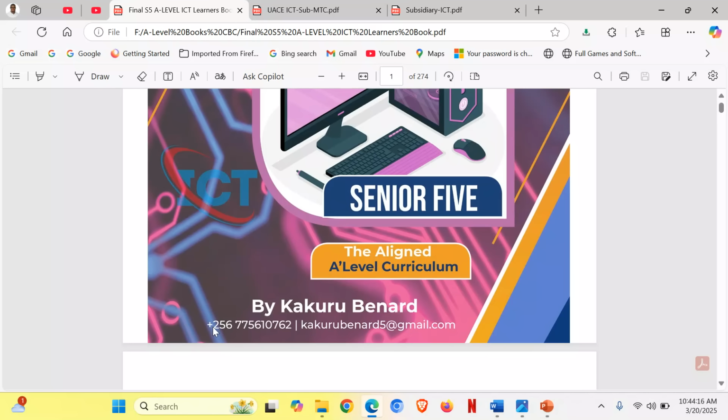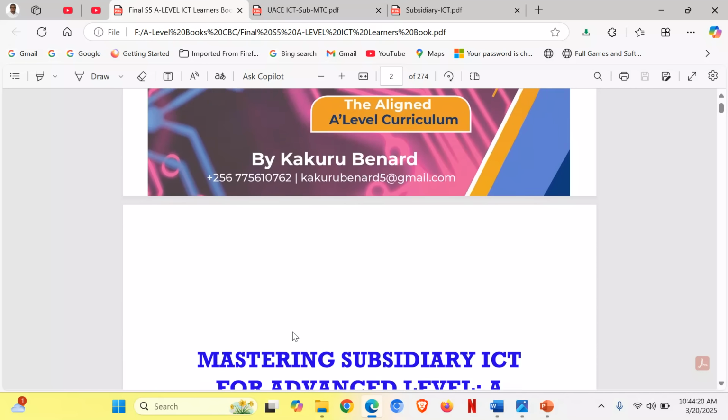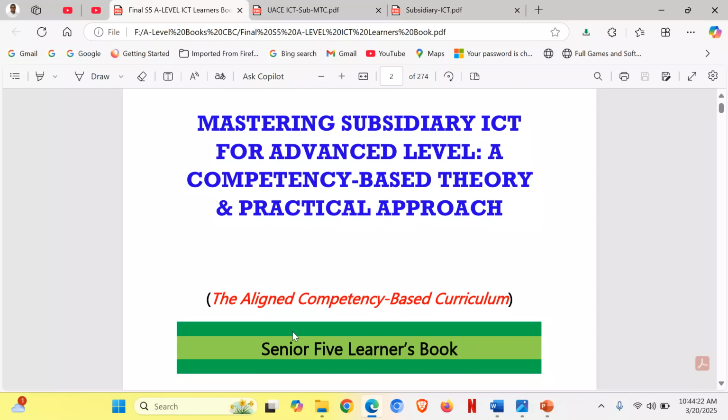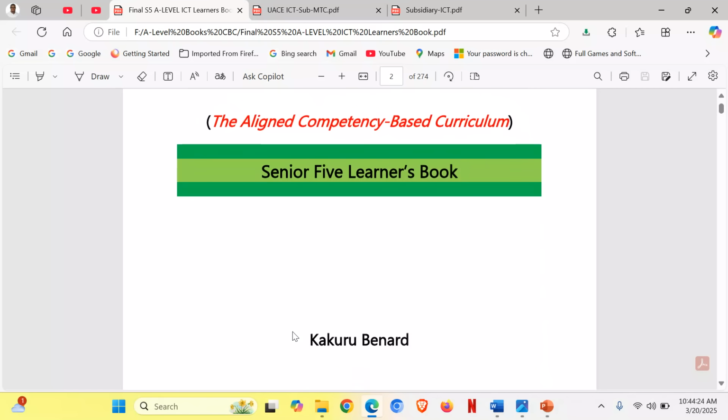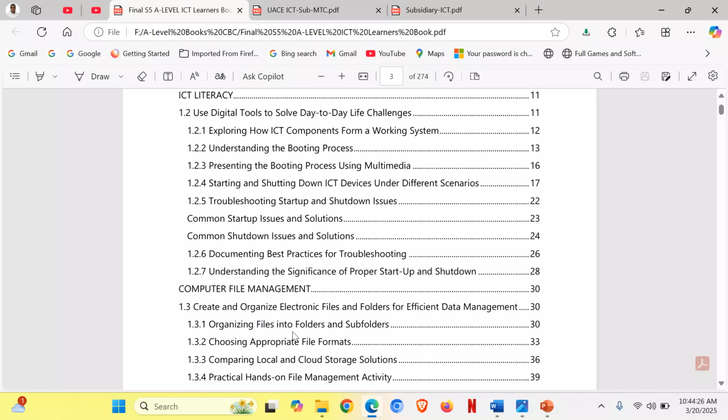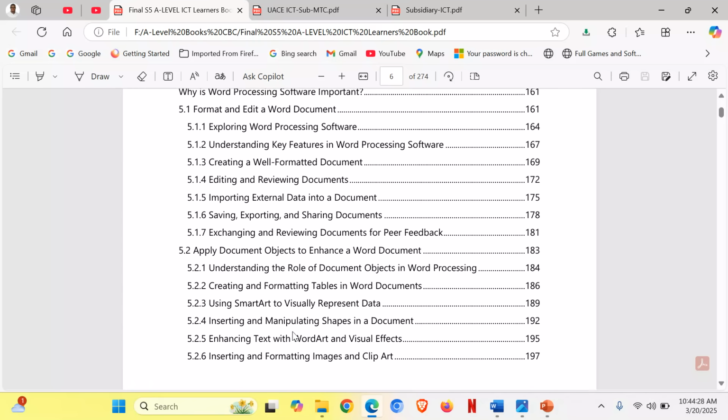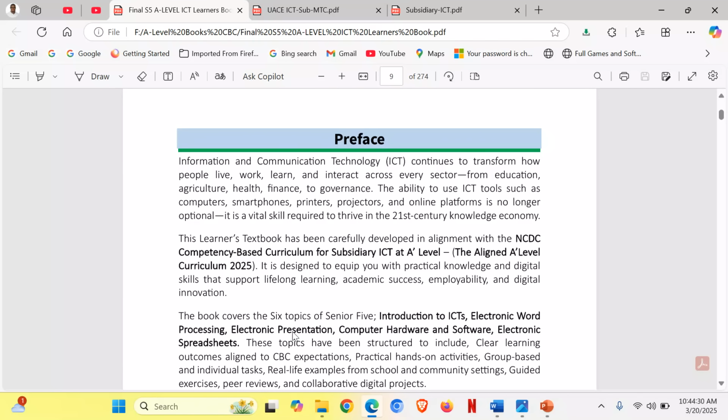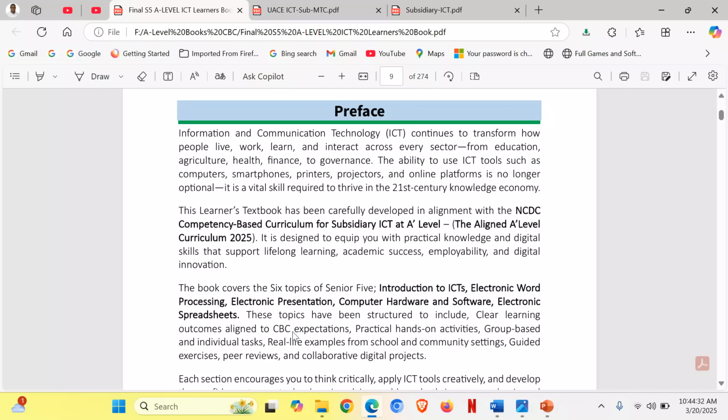To get this book, just call those numbers. And how is the book arranged? This is how the book is organized. The table of contents is there. And of course, the preface is there. Allow me to go through the preface.